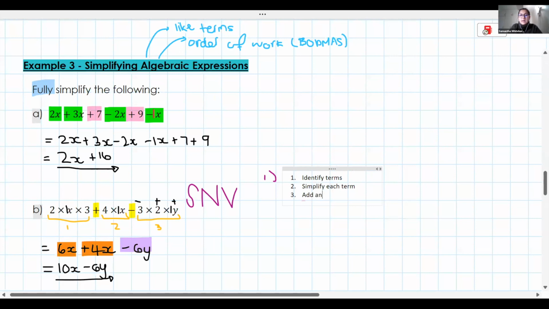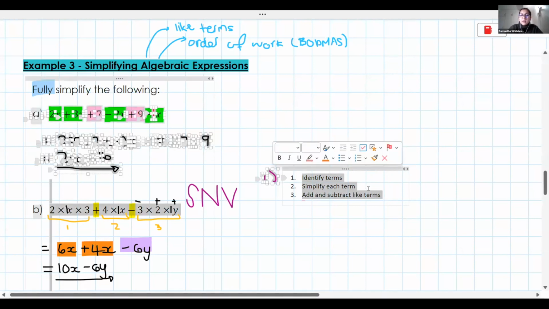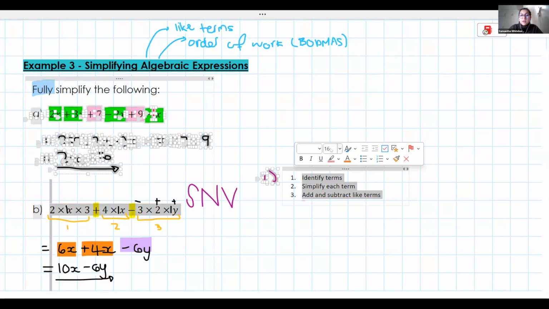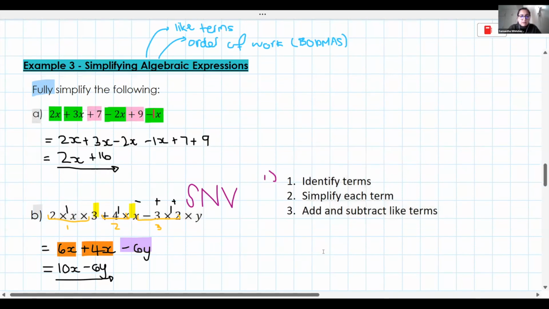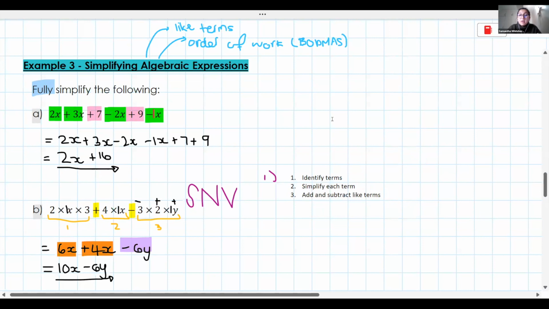And then we want to add and subtract our like terms. If you can follow those 3 steps, you should be able to simplify any algebraic expression that I give you. There we go. Those 3 steps.